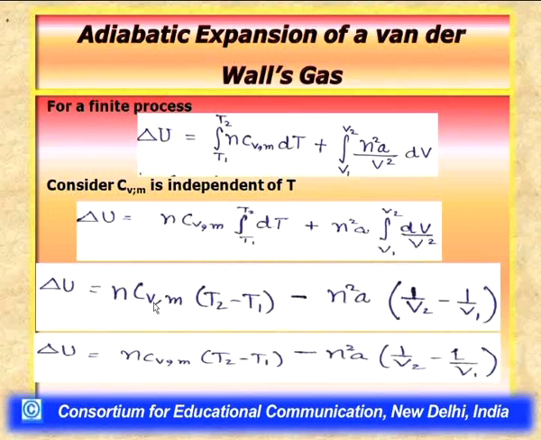So, delta U equals n CVm, whose integral is T2 minus T1, within limits T1 to T2, minus n square a times the integral of dV by V square, whose integral is minus 1 by V. If we take the minus common, it becomes minus n square a (1 by V2 minus 1 by V1). So, delta U equals n CVm (T2 minus T1) minus n square a (1 by V2 minus 1 by V1).